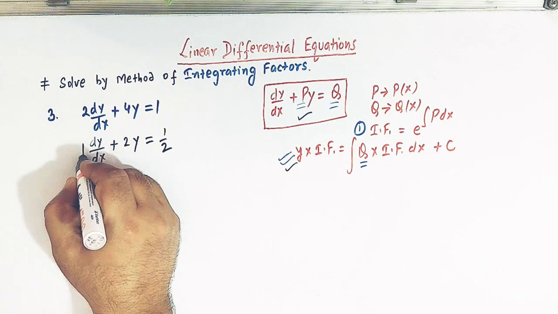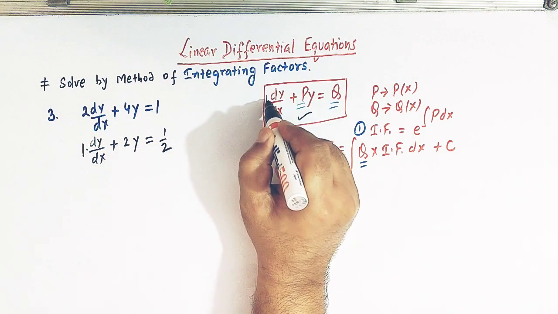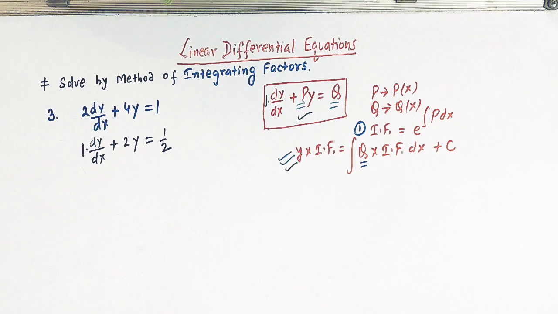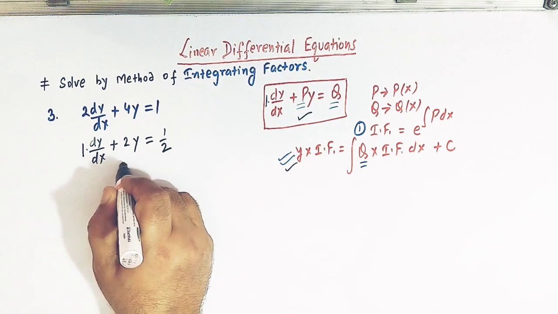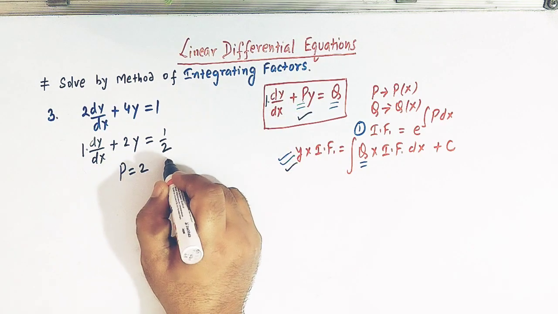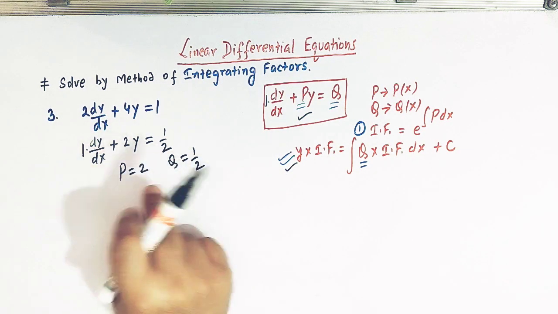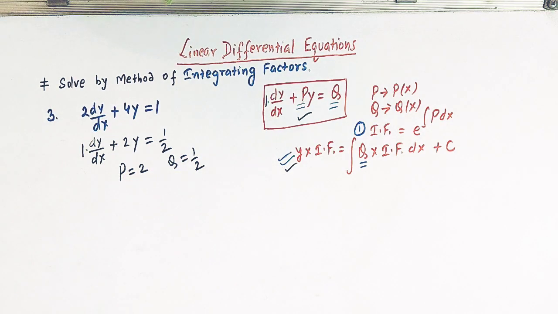So now the coefficient of dy over dx is 1 here, because here also we have the coefficient of dy over dx as 1, right? So now comparing this equation with this one, p is 2 and q is half. And here it is very interesting to note that p and q are both constants.